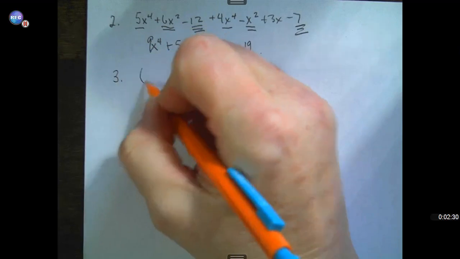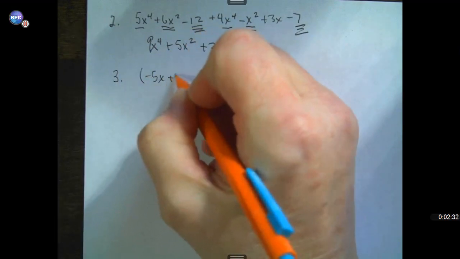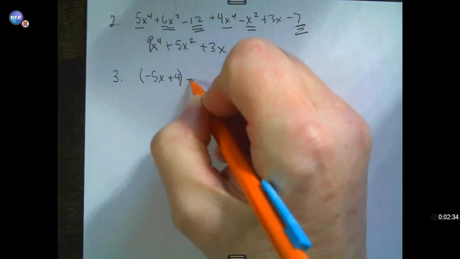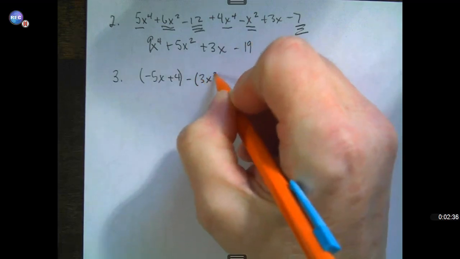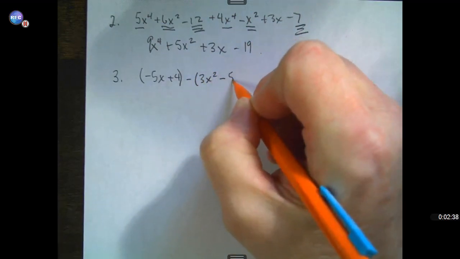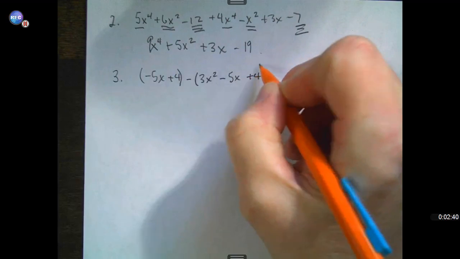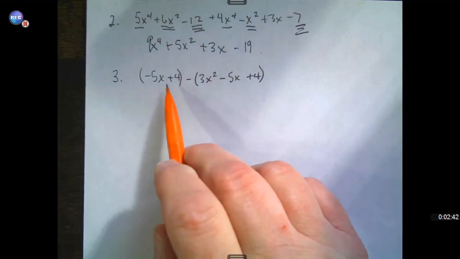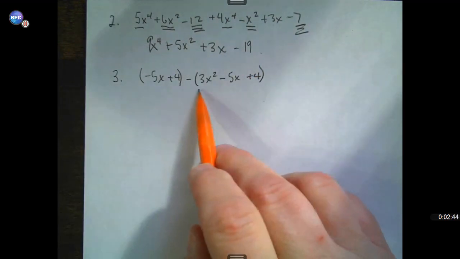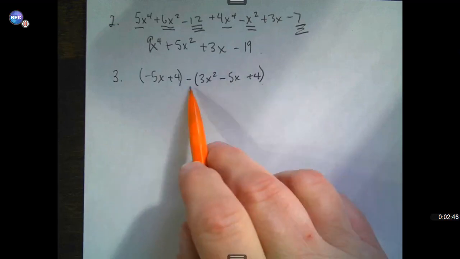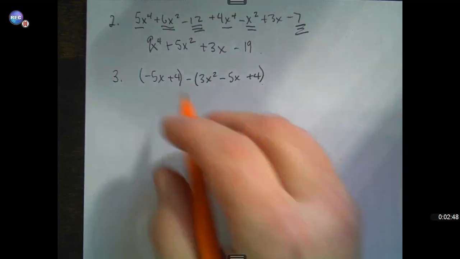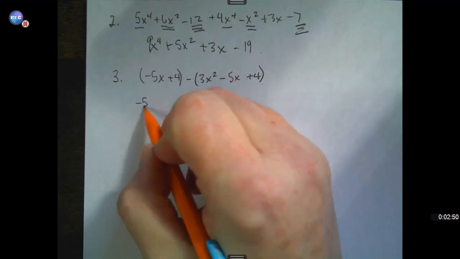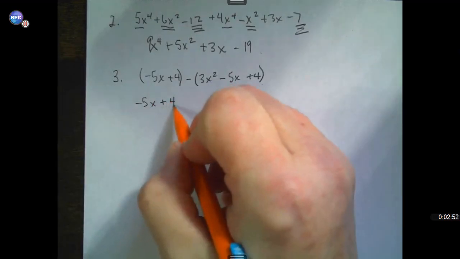I have the quantity negative 5x plus 4 minus the quantity 3x squared minus 5x plus 4. That first set of parentheses is not necessary. The second set of parentheses is, because I'm subtracting that whole thing. And so I need to distribute that negative to get rid of the parentheses.